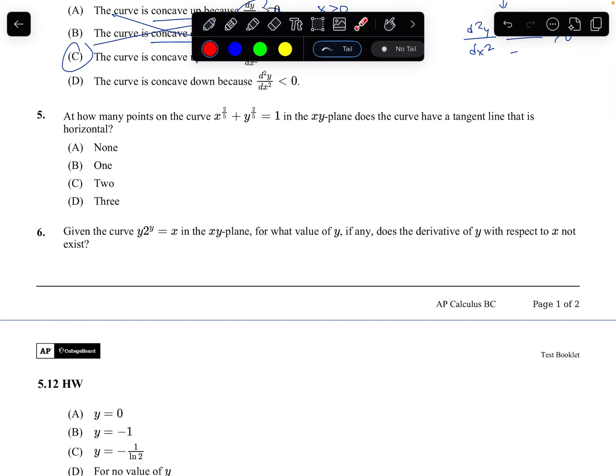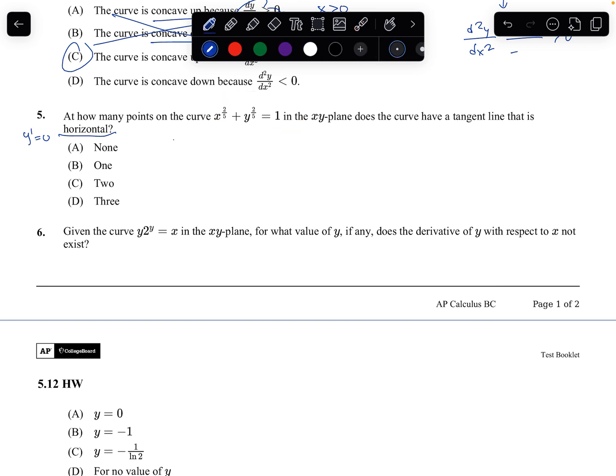For 5, at how many points on this curve in the xy plane does the curve have tangent lines that are horizontal? So tangent line is horizontal means y prime is equal to 0. It looks like we probably need to find y prime. So let's take the derivative here.